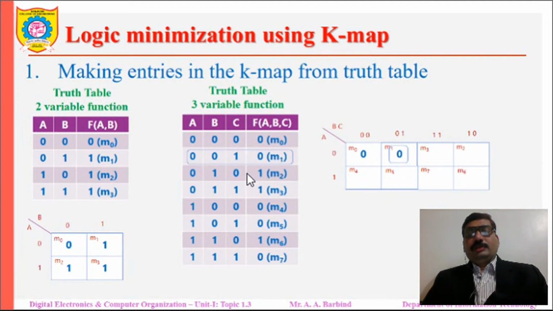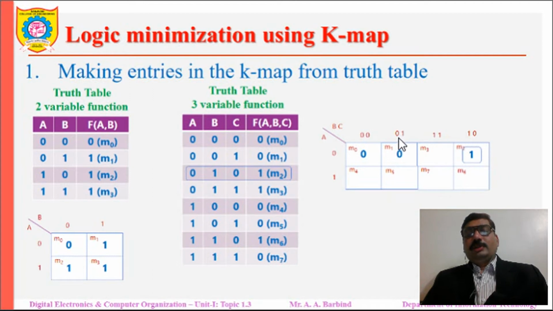Now you can see that the next row is 0 1 0. For this, the output is 1, so this 1 will go in the cell for which A is 0 and B, C are 1 0.